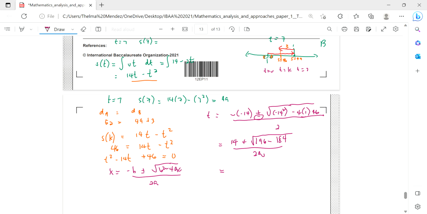Let me check, I think I've gone wrong here: 196, 14 squared, 4 times 1 times 46.